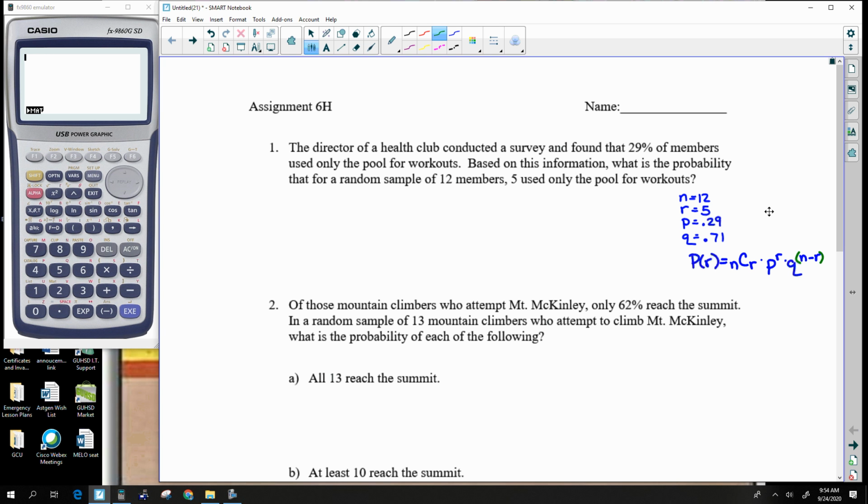Okay, so in this specific problem, I'm going to just set it up in one line, so I don't need a list or anything because I'm not asking for multiple probabilities. I'm just looking for the probability of 5. So the probability of 5 in this situation would be 12 choose 5, 0.29 to the 5 times 0.71 to the 12 minus 5.